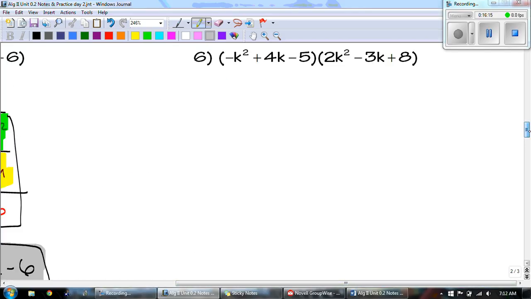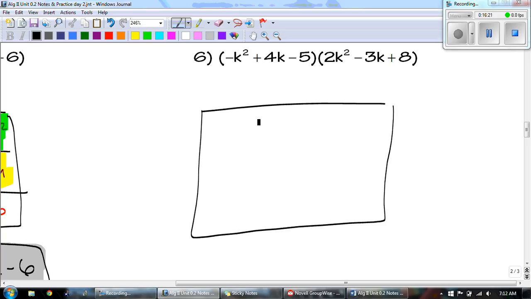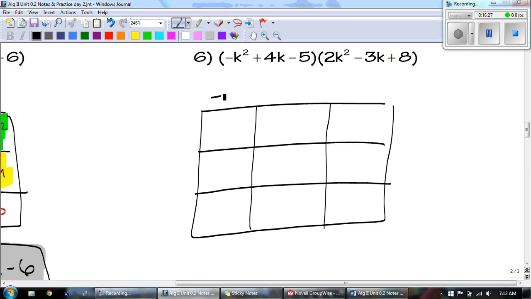Now, number 6, you guys are going to be on your own. I'll help you set it up. It's a trinomial times a trinomial. It doesn't matter where you put everything, but then I'm going to have you pause the video and you're going to do this on your own. Okay? So go ahead and multiply and see if you can combine like terms.